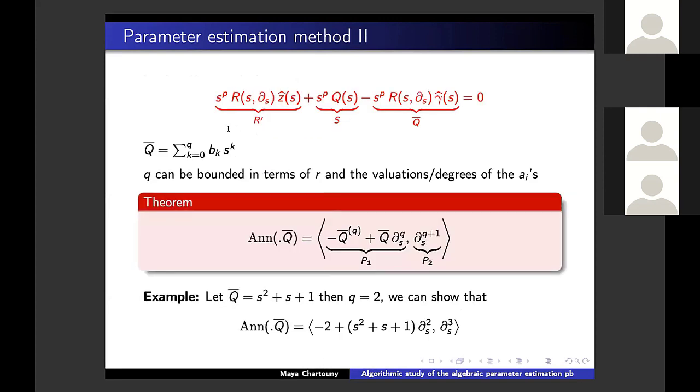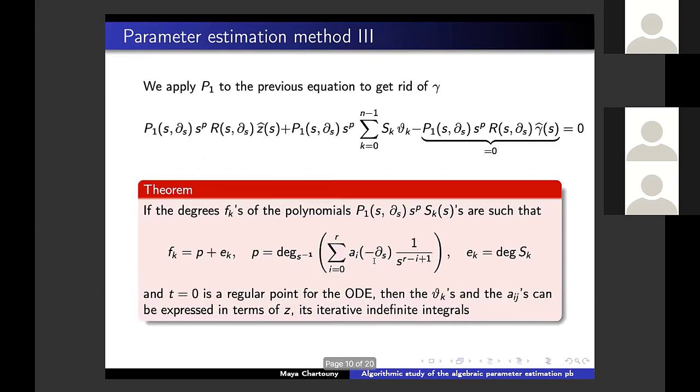And after that, if we note q bar the last term, we can compute its annihilator. We showed it's generated by P1 and P2. Then we apply P1 to the equation in red to get rid of the last term. And then we can proceed as before to compute the initial conditions.